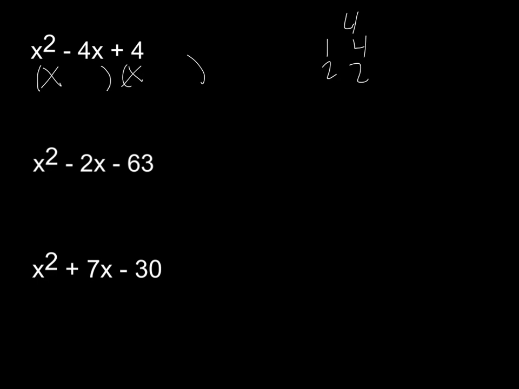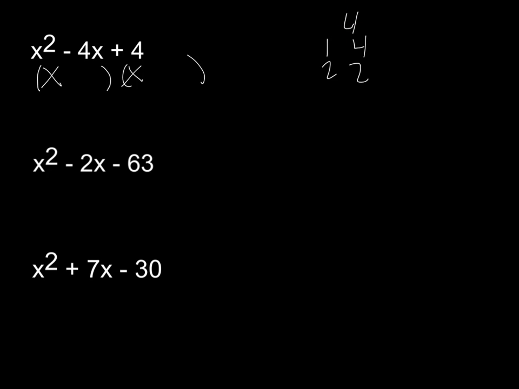And since this is a positive 4, we know that these two numbers either have to both be positive, because positive 1 times positive 4 gives you a positive 4, 2 times 2 gives you a positive 4. But we've got a negative over here. So how do we get a negative when adding, but a positive when multiplying?